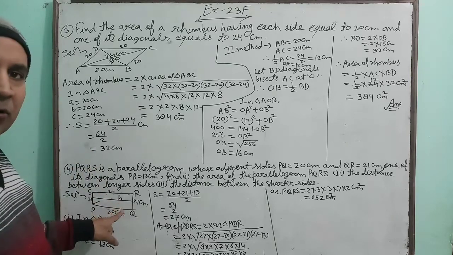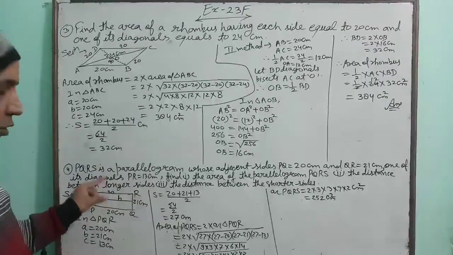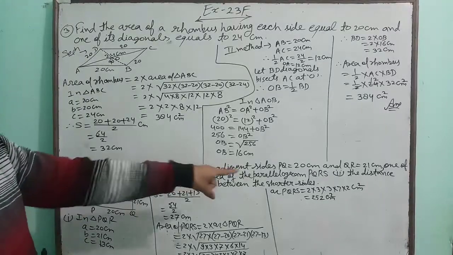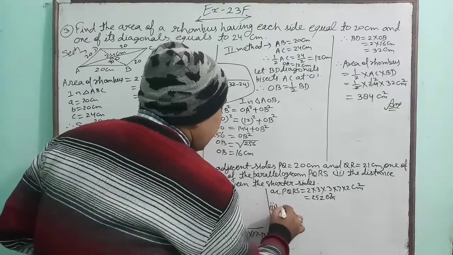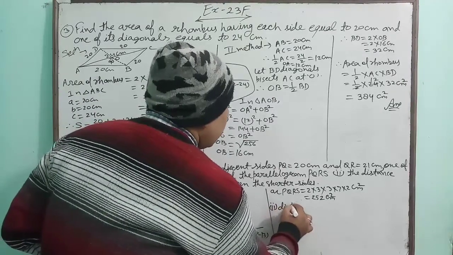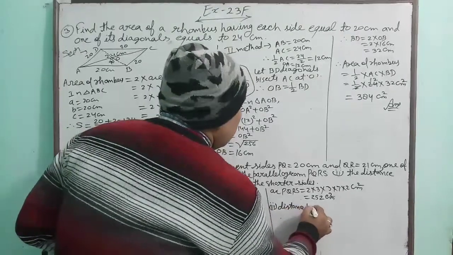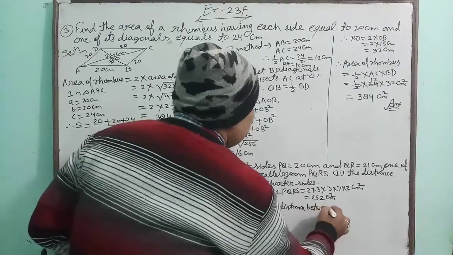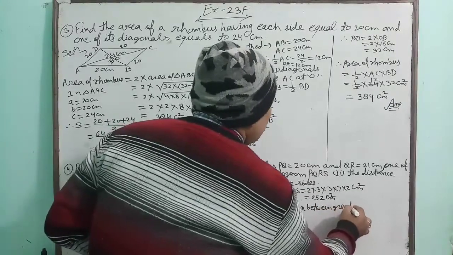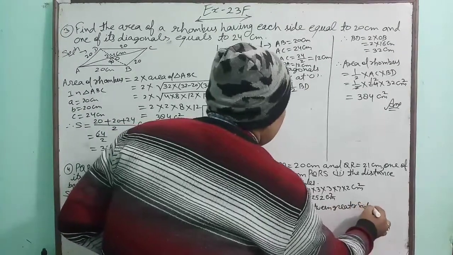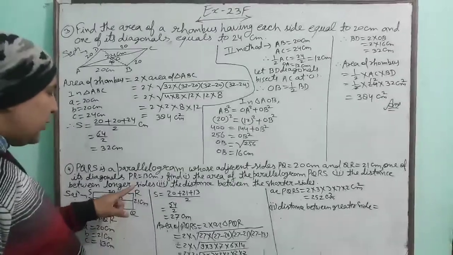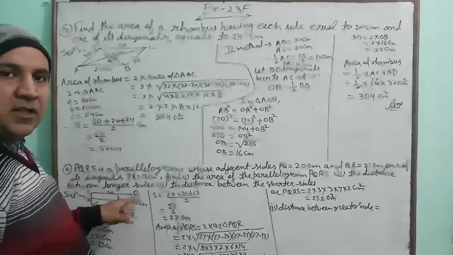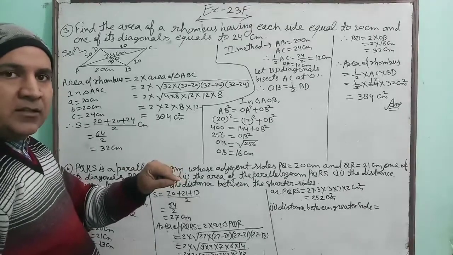Formula for area of parallelogram is base into height also. In this parallelogram we have got the area. That means to find the second part, distance between greater sides means height. Height is equal to area upon base.